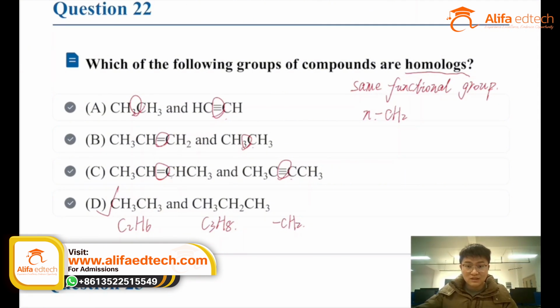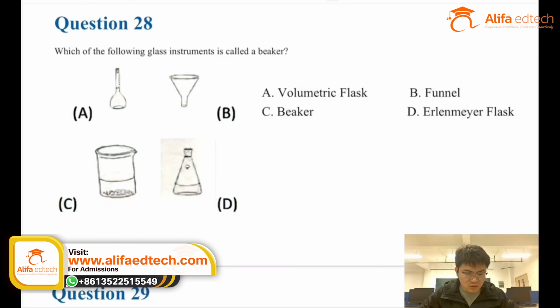Question 28. Which of the following glass instruments is called a volumetric flask? You can see the four instruments. We name this one the volumetric flask, and C is the separatory funnel.